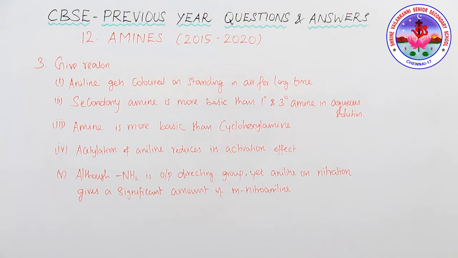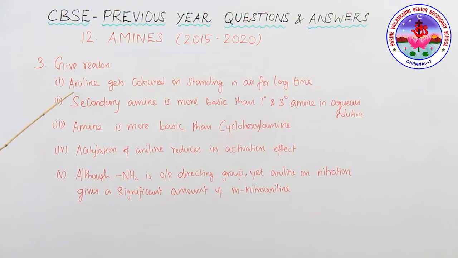Give this reason. The first question's answer: aniline gets colored on standing in air for a long time because it gets oxidized. Aniline reacts with air and undergoes an oxidation process. That is why the compound develops a color. In the beginning there is no color; aniline is a colorless compound.